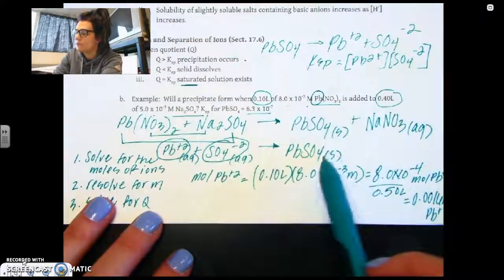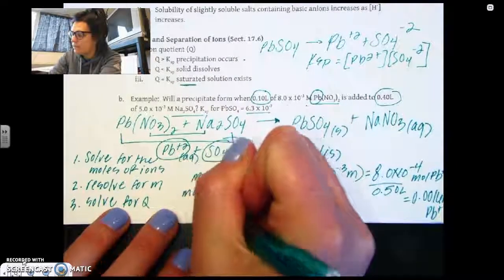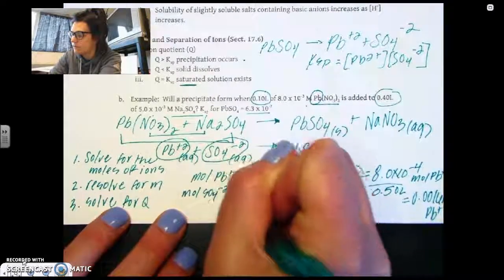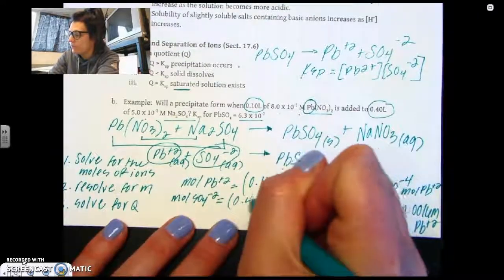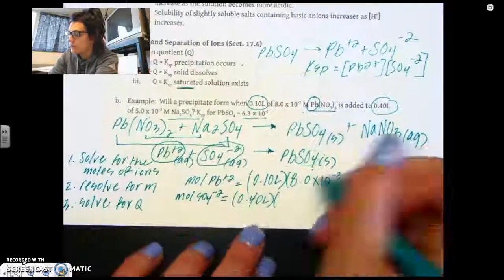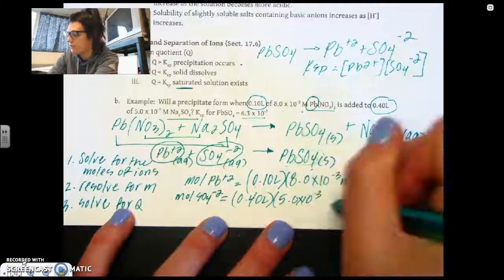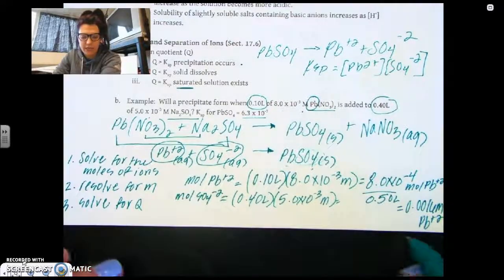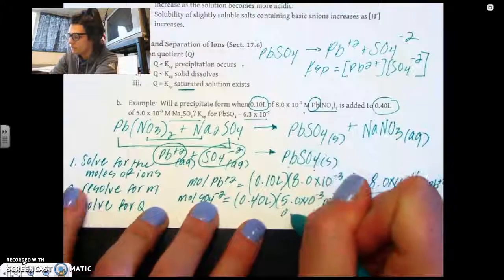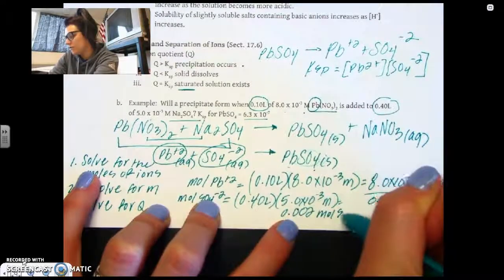Moles of sulfate is 0.40 liters times 5.0 times 10 to the negative third molar, which gives 0.002 moles sulfate.